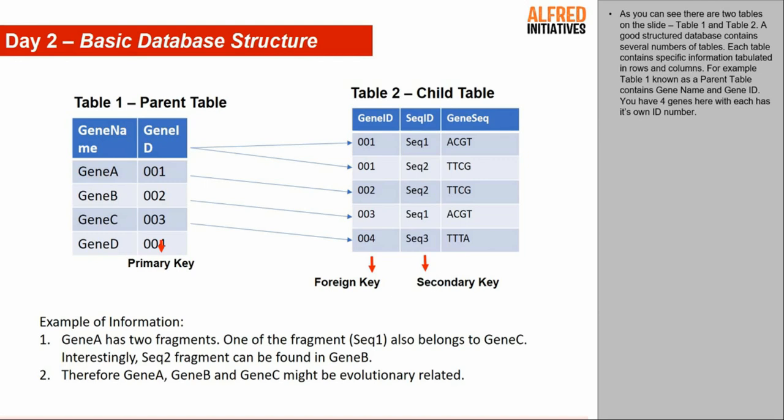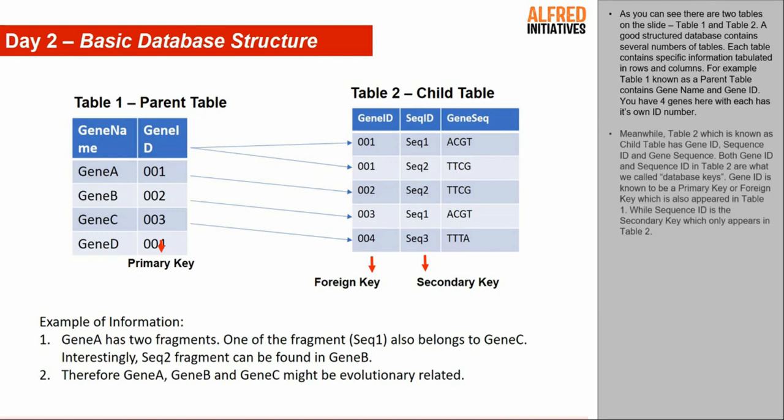Each table contains specific information tabulated in rows and columns. For example, table 1, known as the parent table, contains gene name and gene ID. You have 4 genes here, and each has its own ID number. Meanwhile, table 2, which is known as a child table, has gene ID, sequence ID, and gene sequence.